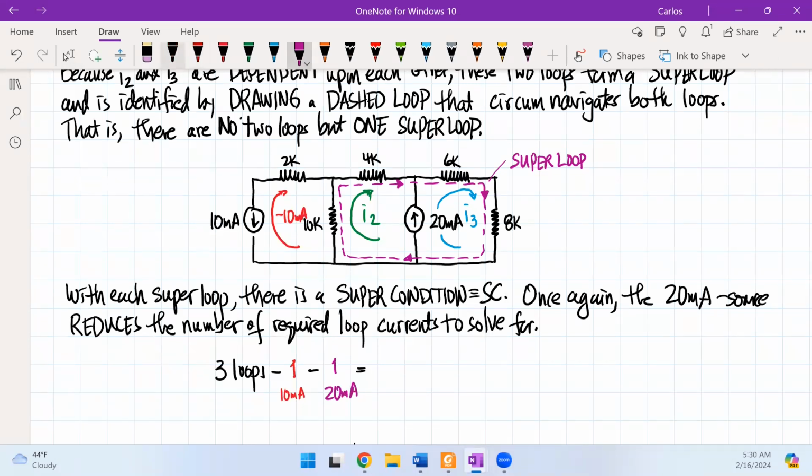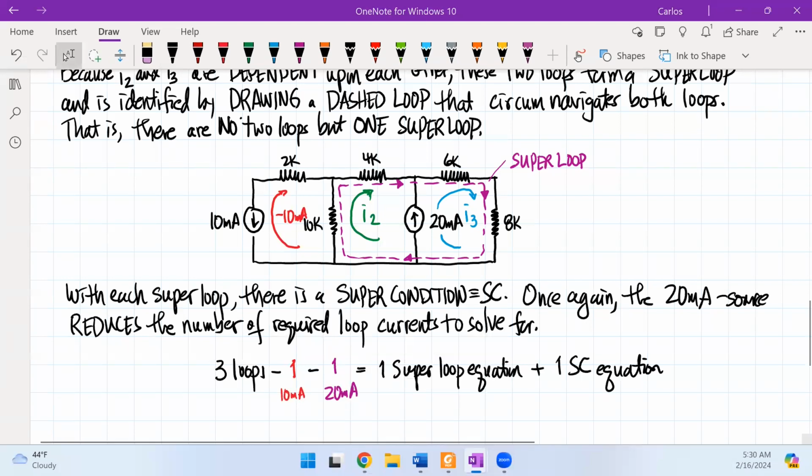And those reduce it to 1 super loop equation plus 1 super condition equation.